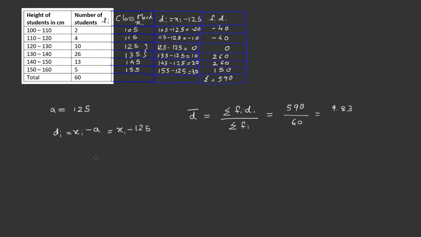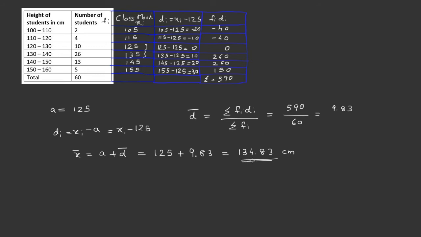We know the relation for the mean of observed data: x bar is equal to the assumed mean plus the mean of deviations. We know the assumed mean is 125. The mean of deviations we calculated as 9.83. So the mean of observed data is equal to 134.83 centimeters.